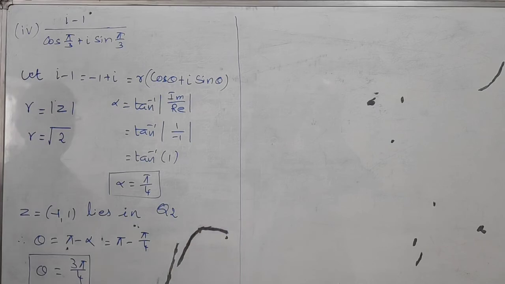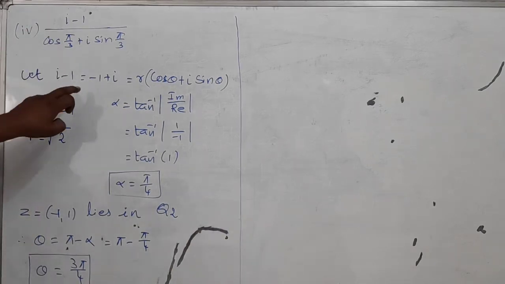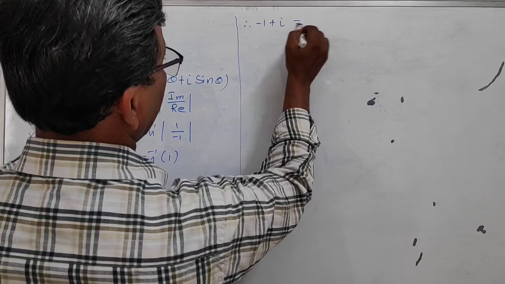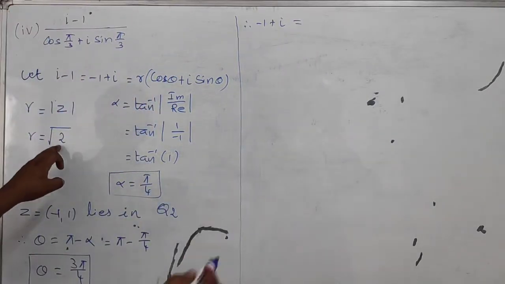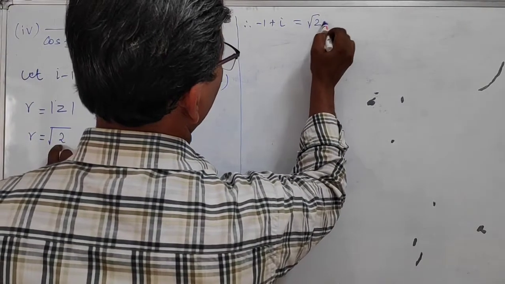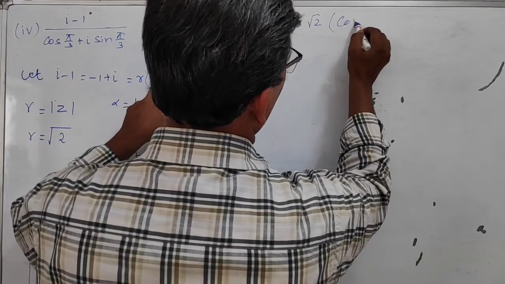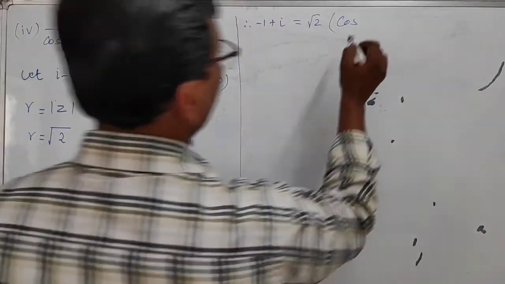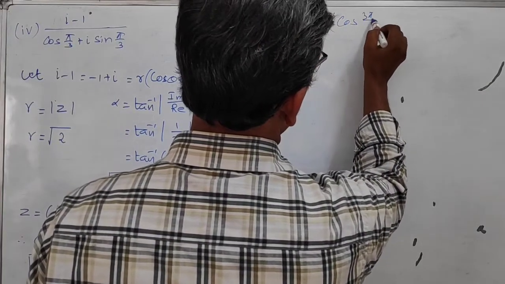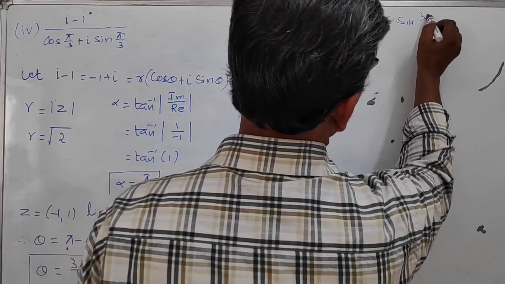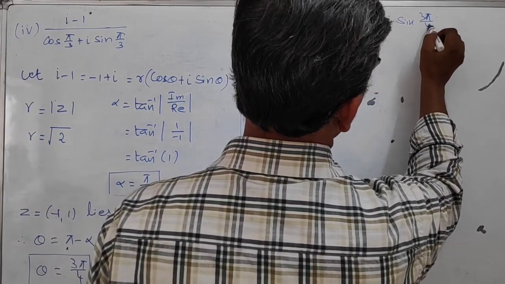Then after that, we can write its corresponding polar form. Therefore, minus 1 plus i can be written as, r value is root 2, into cos 3 pi by 4 plus i sin 3 pi by 4.